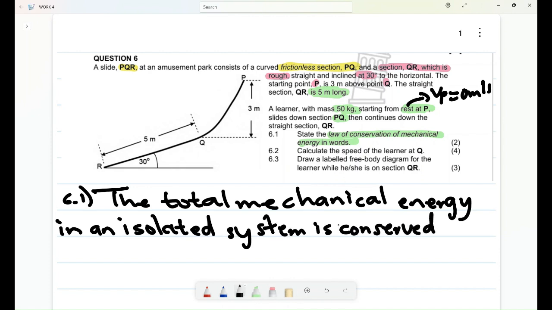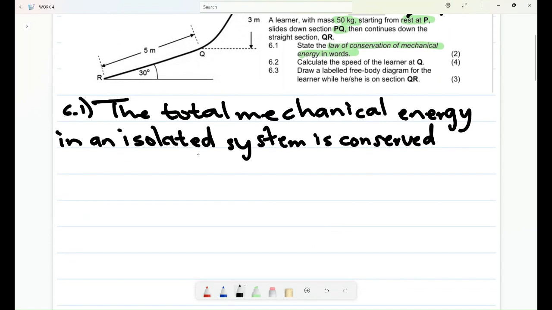Or if you do not say is conserved, you can say remains the same. All right? Yes. This is 6.1. Let's go to 6.2.